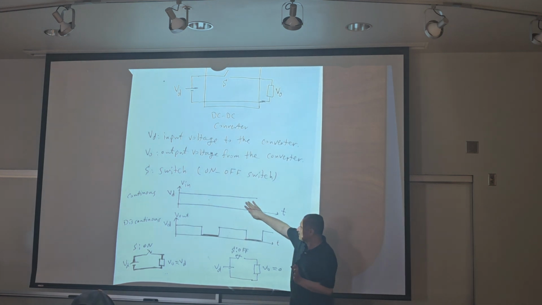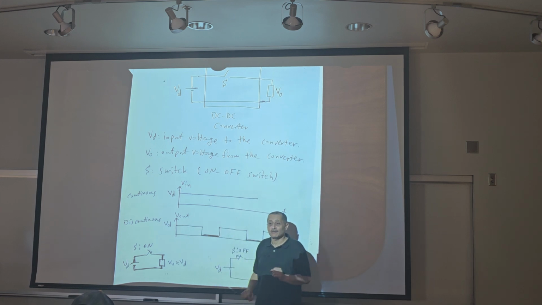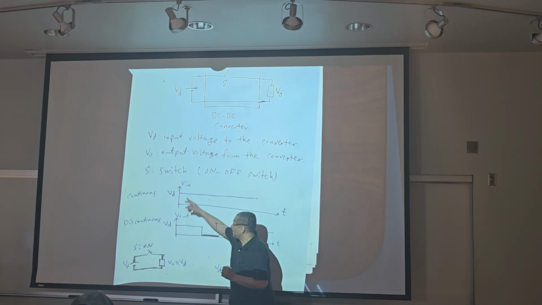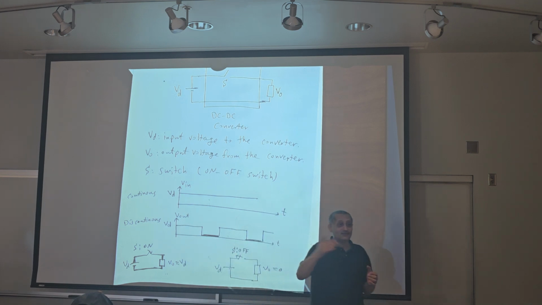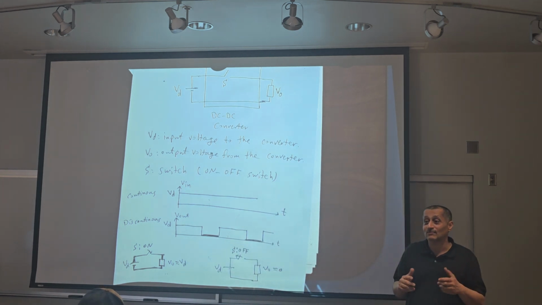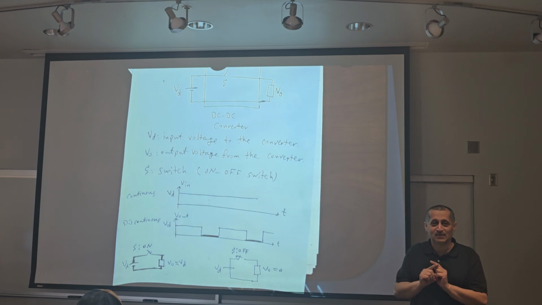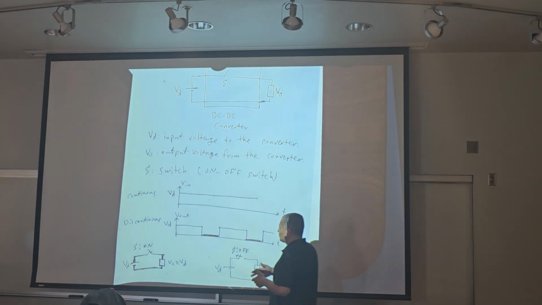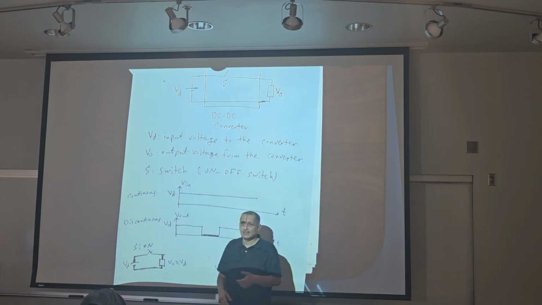This is V input, and this is the output. Whether V out is more than V in or less depends on the circuit. If the circuit is step down, V out is less than V in.